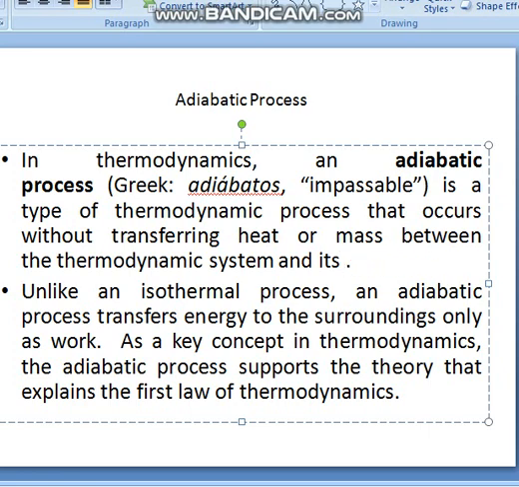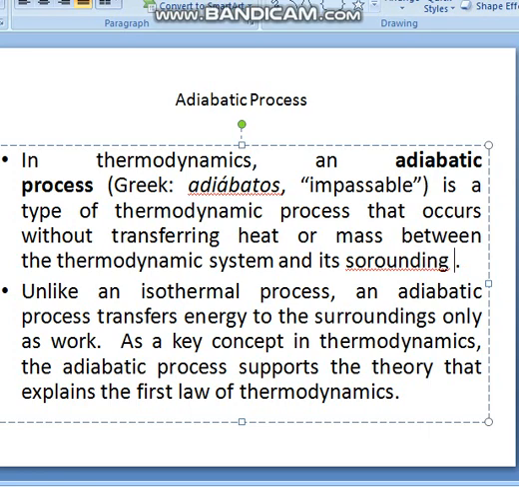For example, if we have a gas inside a cylinder having a piston, this gas or fluid inside the cylinder is the system, while the other things surrounding the piston and cylinder are just the environment. Unlike the isothermal process, an adiabatic process transfers energy to the surroundings only as work.